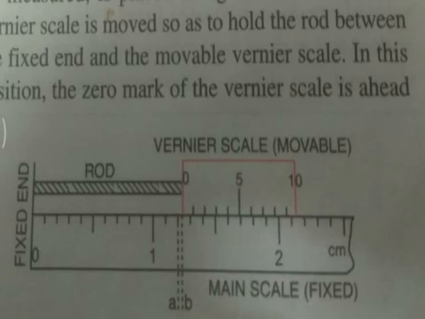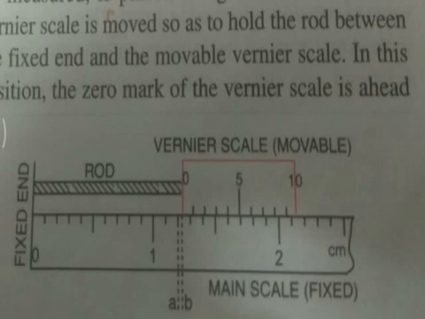So it is after 1.2, so we will take the main scale reading as 1.2, right? Now after 1.2, how much is there, we will calculate with the help of the vernier scale. For that, you just need to find the coinciding division of the vernier scale. Clearly visible, the fourth division is coinciding, right?